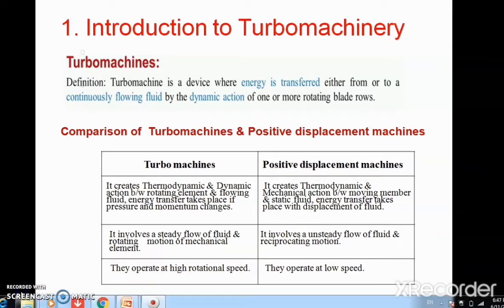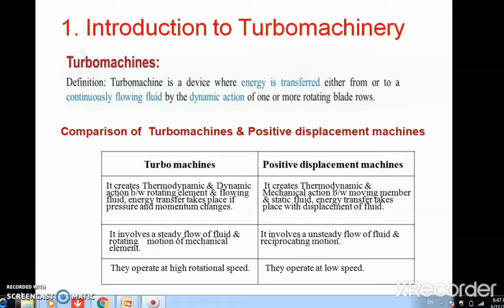Now the definition of turbo machine is nothing but it is a device where energy is transferred either from or to a continuously flowing fluid by the dynamic action of one or more rotating blade rods. In short, turbo machine, it is nothing but it covers wide range of machines where its basic definition tells you about the transfer of energy.